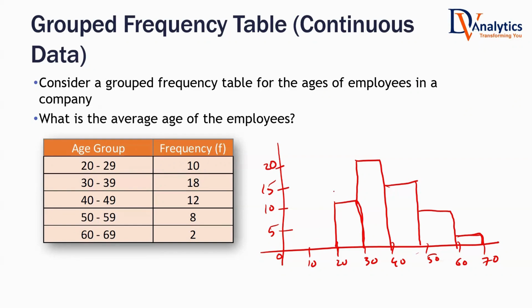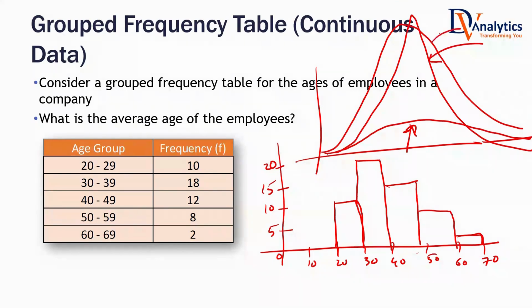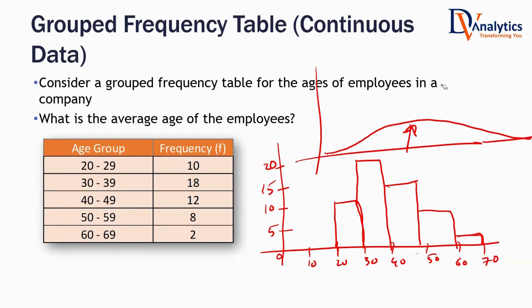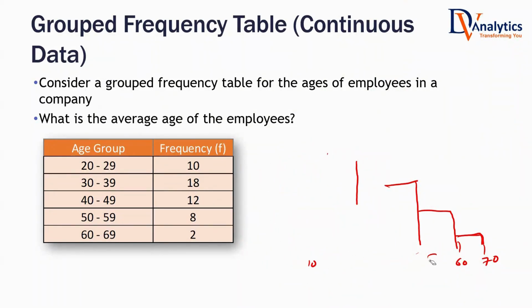Another question you may get is on kurtosis. That means, is the histogram looking like this, or like this, or like a very sharp one? There are different names for the kurtosis: platykurtic, leptokurtic, mesokurtic. You may get questions related to skewness and kurtosis if the discussion is about histograms.